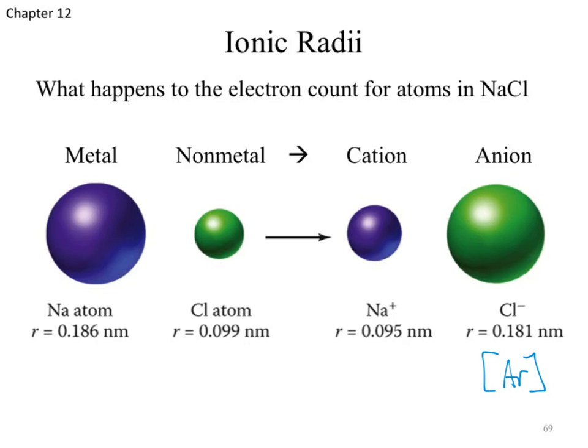But are we becoming argon? No, we are only becoming argon's electron configuration. So when we move from a chlorine atom to chloride to look like argon, all we've done is increase the number of electrons. Have we changed the nuclear charge? No. The nuclear charge is what's pulling the electrons tighter.